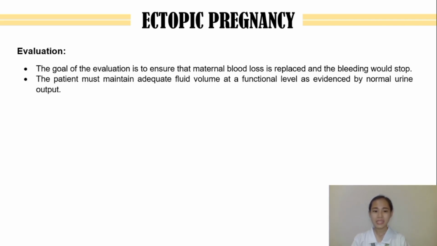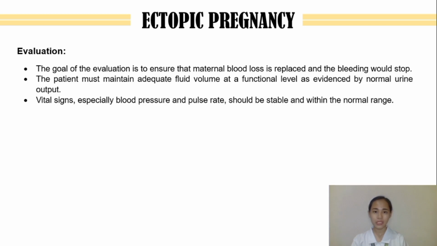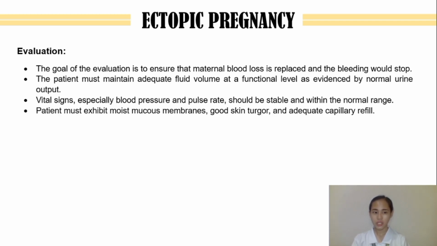The patient must maintain adequate fluid volume at a functional level as evidenced by a normal urine output. Vital signs, especially blood pressure and pulse rate, should be stable and within the normal range. The patient must exhibit moist mucous membranes, good skin turgor, and adequate capillary refill.